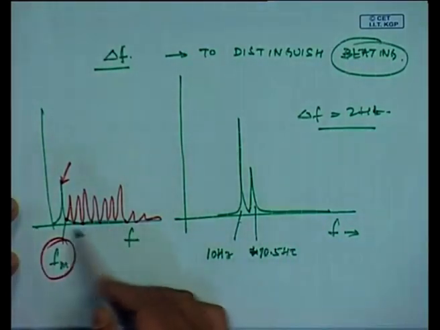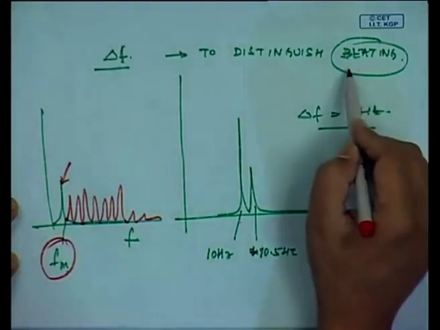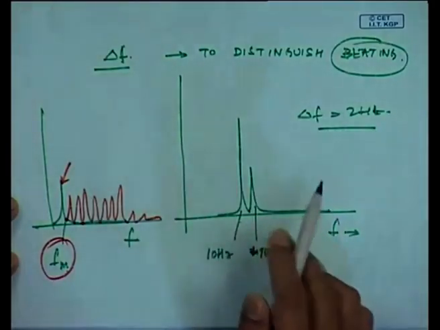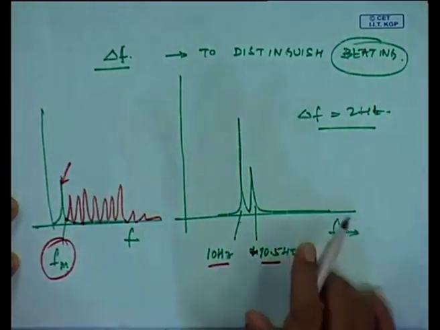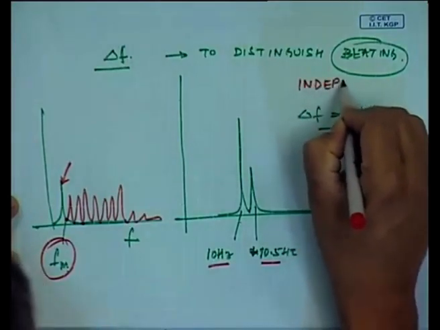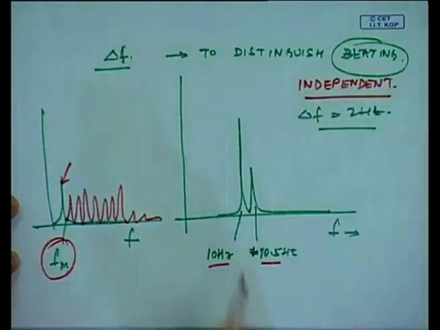But there may not be any other frequencies next to FM. If I have finer resolutions, I can check that, but if I see other two frequencies 10.5 and 10 which are not related to each other, then I can say the signals are independent and they are responsible for beating of the signal.